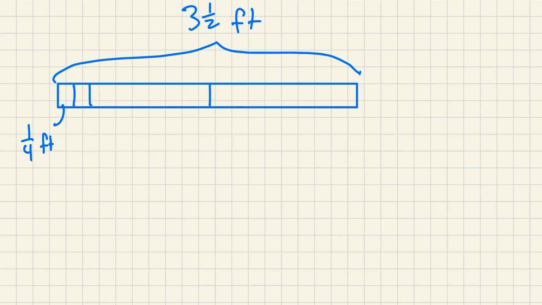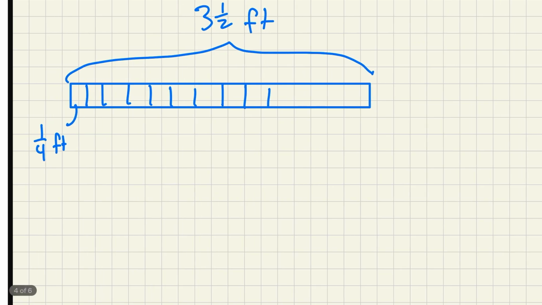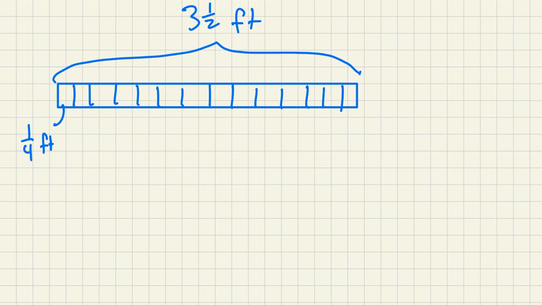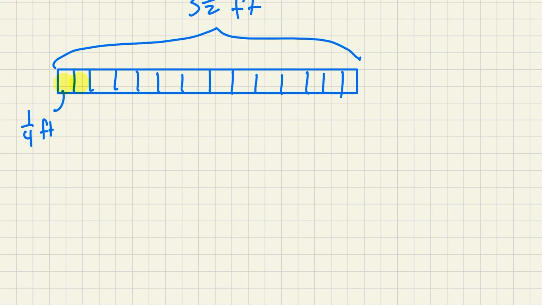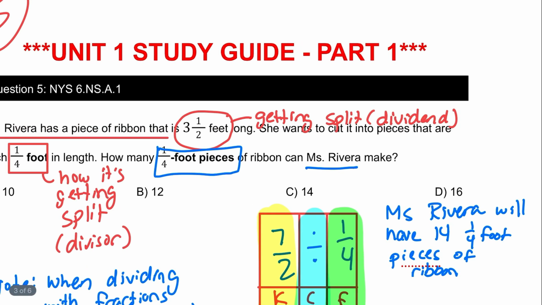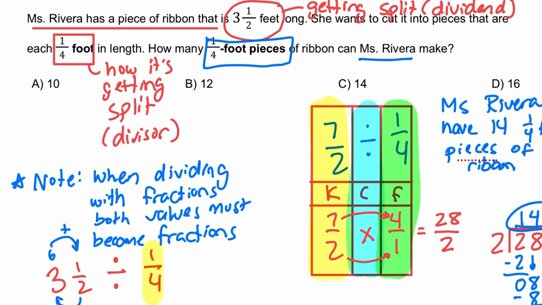She's going to have 1, 2, 3, 4, 5, 6, 7, 8, 9, 10, 11, 12, 13, 14. Just want to make sure that we all see that. That's 14 pieces of ribbon where each of them is 1/4 of a foot long. All right, well, there it is. I hope this helps.